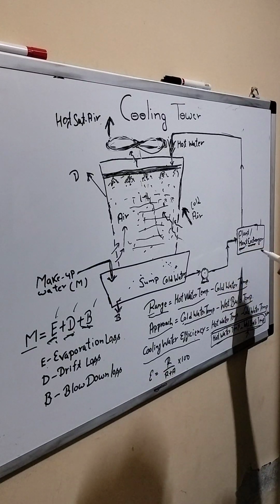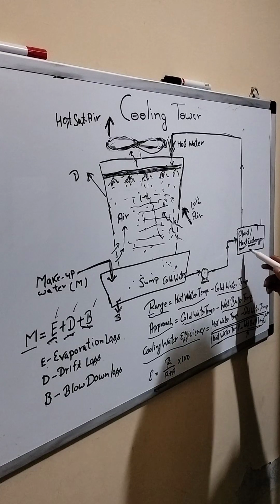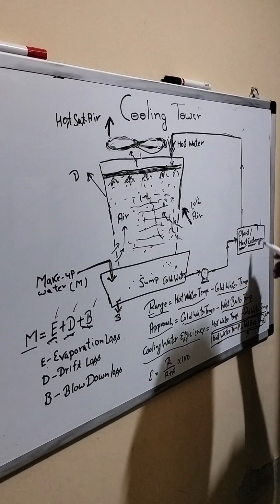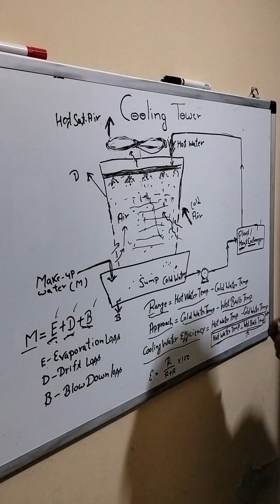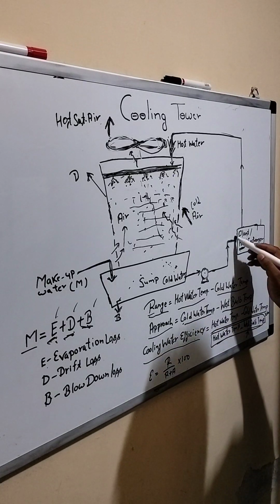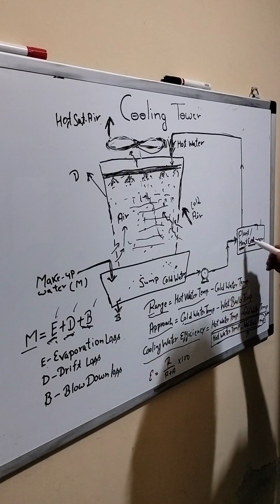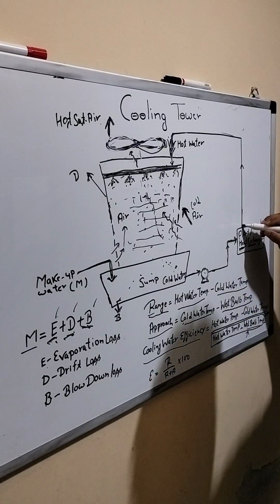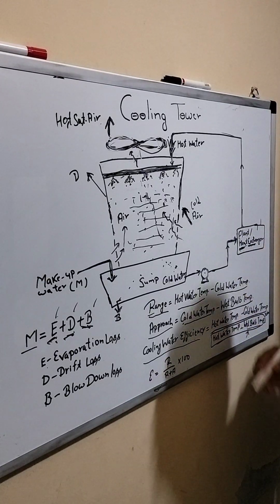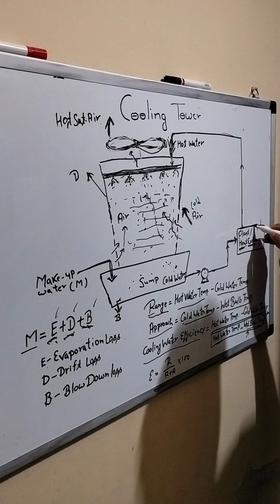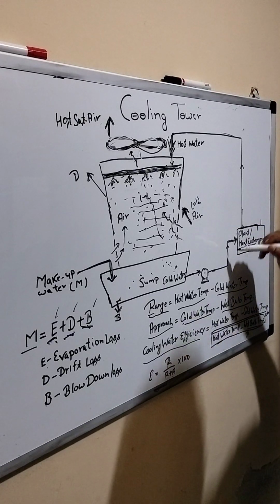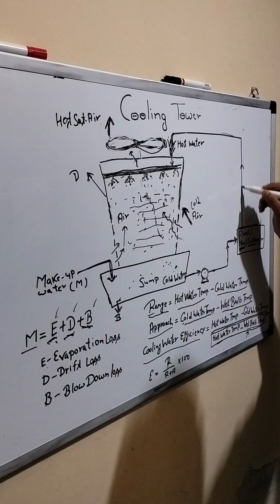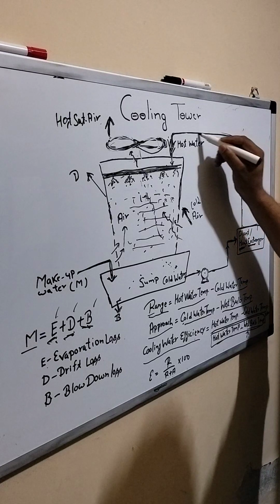In the plant, it generally goes into a heat exchanger, like your condenser or your reactor's jacket. Once it goes into a heat exchanger or reactor jacket, it will get heat from the process and convert from cold to hot. So its temperature will increase and it will become hot water.